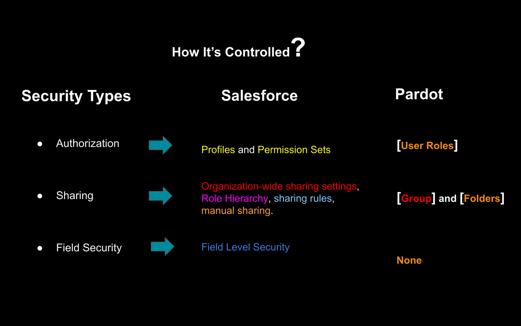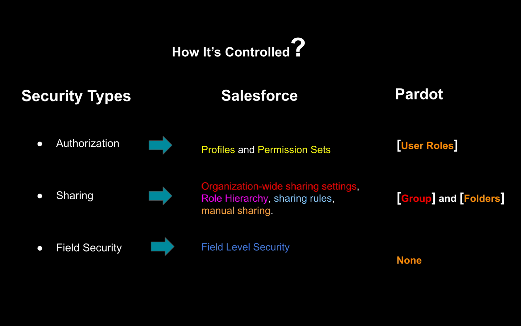When it comes to authorization, in Salesforce, authorization is controlled with the help of profiles and permission sets. But in Pardot, we have user roles. So if you want to control the user's ability on an object, you should be using Pardot roles. Next, it is sharing.